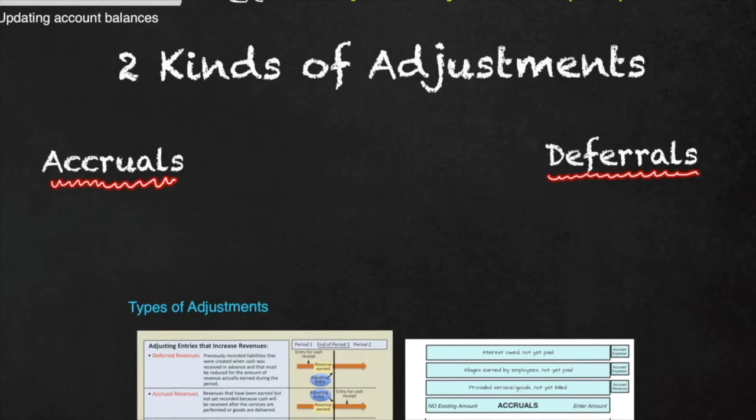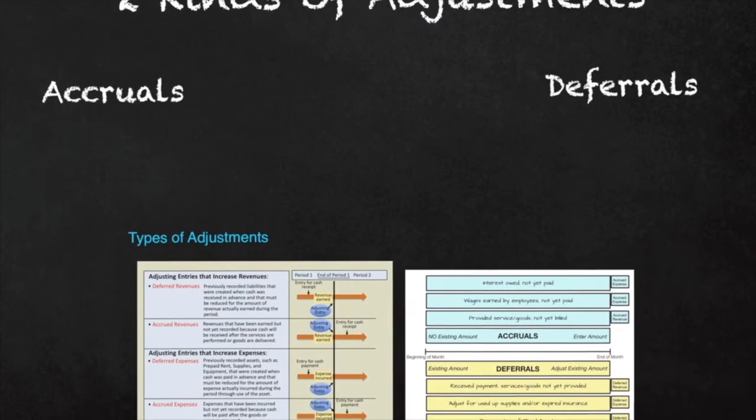So two kinds of adjustments, accruals and deferrals. And each one is broken out by revenue and expense. For example, under accruals, you would have accrued expenses and you would have accrued revenues.